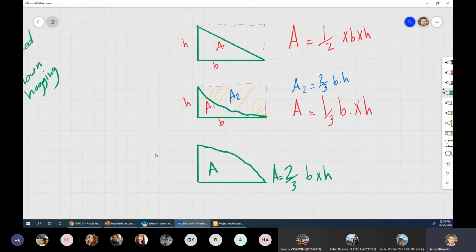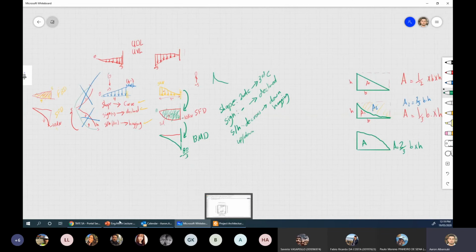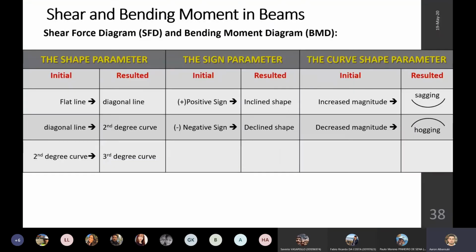Okay. Now, if I go back to our PowerPoint slides. So far, what we agreed on, the first question, and you have to ask yourself, guys, in the right order: what's the shape? What's the sign? If you have a curve, only if you have a curve, you will ask yourself this question. If you don't have a curve, you don't have to go there.